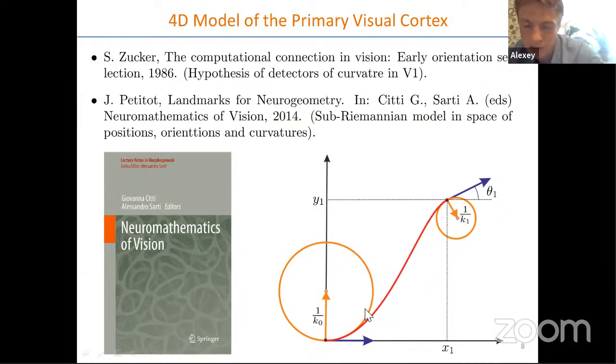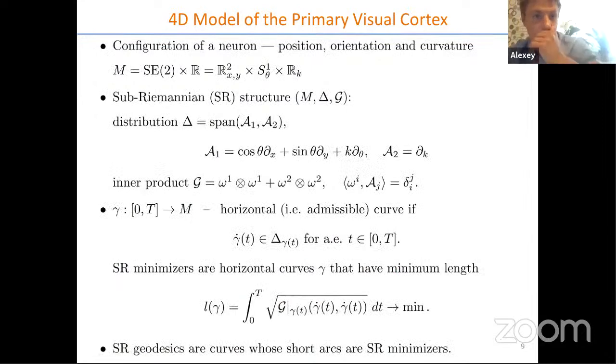Okay, let's formulate this problem mathematically. The configuration of neurons is now given by a quadruple: position, orientation, and curvature. So the configuration space is a direct product of SE2 times R. We introduce a Sub-Riemannian structure there. The distribution is given by the span of vector fields A1 and A2, which are written here.